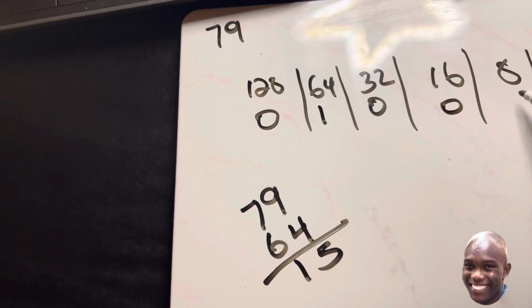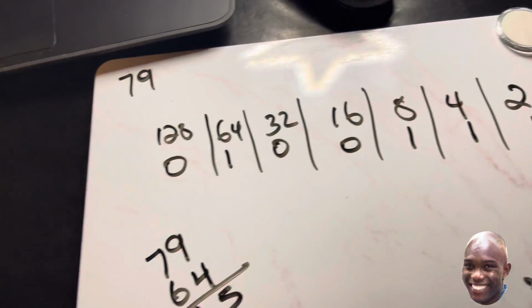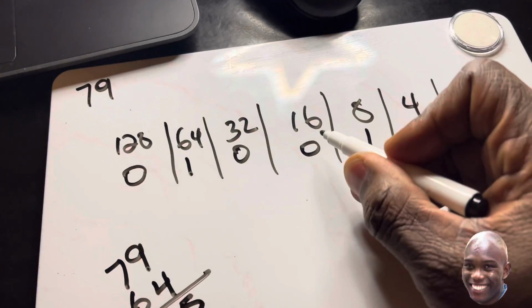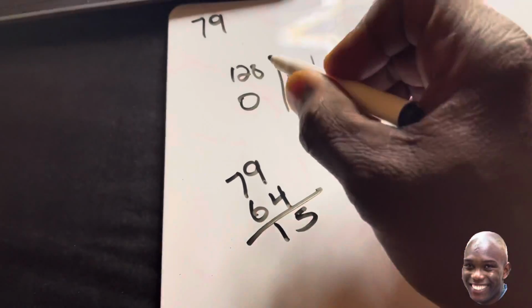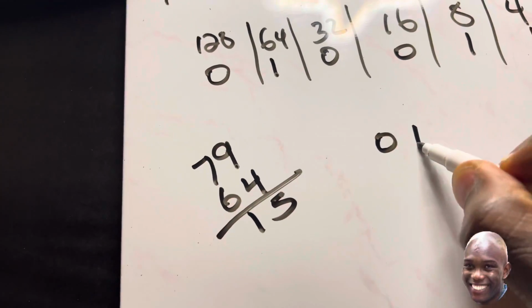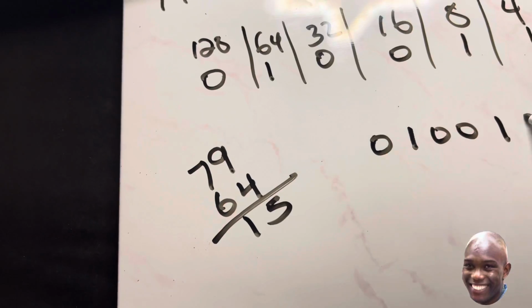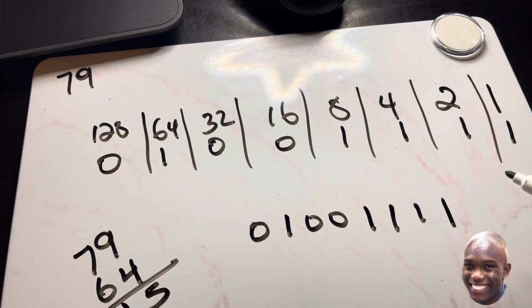So this is basically 8 plus 4 plus 2 plus 1, which is equal to 15. This is how you do the binary number for 79, which is 0, 1, 0, 0, 1, 1, 1, 1.